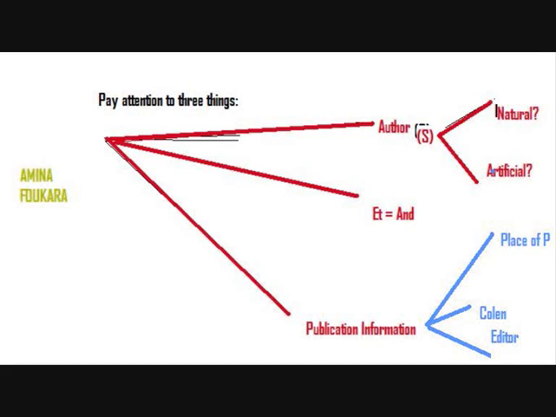You will have to pay attention to "and", in order to associate 2 authors or more than 2 authors. You will have to pay attention to the publication of the book, place of publication, colon, publisher, full stop, which is placed at the end of the reference.